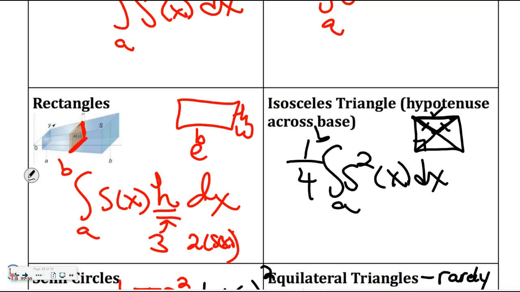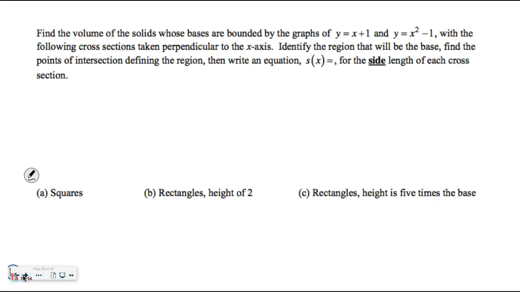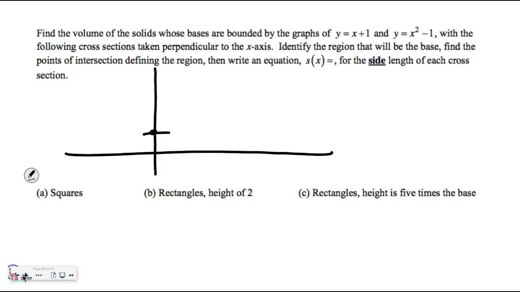Are you ready? Next page. Here we go. First thing you need to do is get a sketch. The volume of a solid is base, that's the bread loaf pan, x plus 1. So there's a line going like this. That's going to make the shape of my bread loaf pan. X squared minus 1.